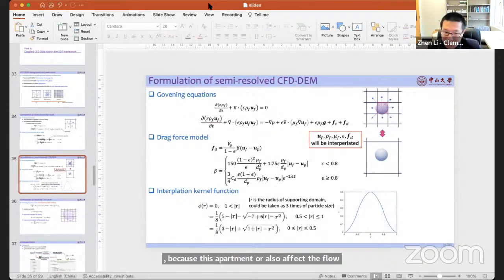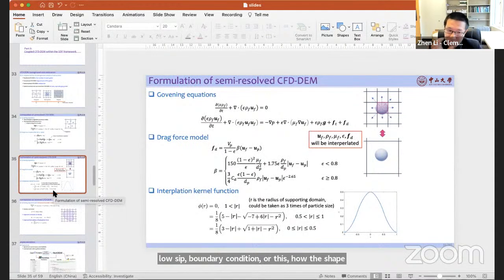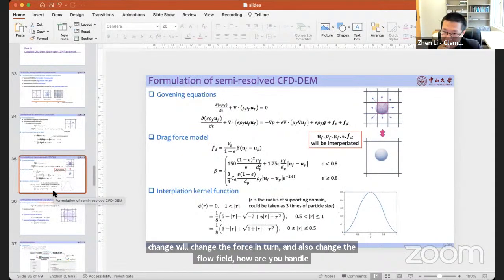And if you change the particle geometry, then the local flow field will change. If you fully resolve the geometry, I understand how you implement the no-slip boundary condition. But when you have a semi-resolved particle, how can you determine the no-slip boundary condition, or how the shape change will change the force and torque, and also change the flow field? How do you handle that?